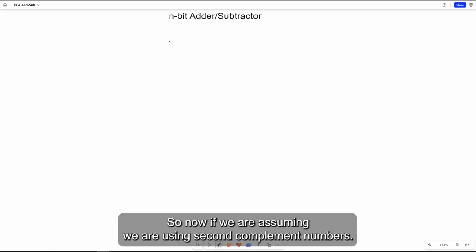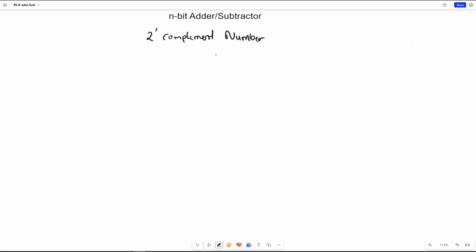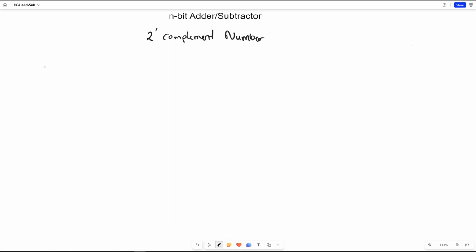Now, if we are assuming we are using two's complement numbers, for example, we look at the example 7 plus 1. So 7 is 0111 plus 1 is 1000.